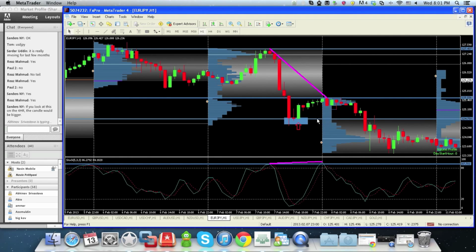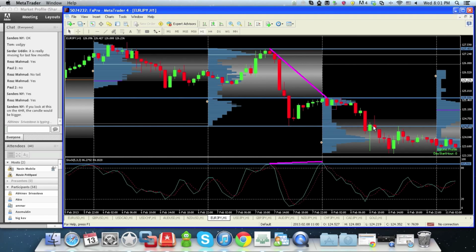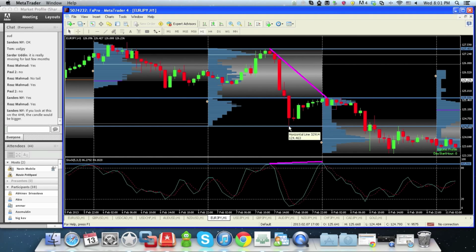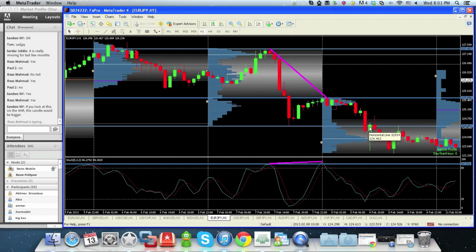Now, as it goes down, take a look at this. As it goes down, now did we breach below our recent low here? Did you go below our recent low here? Has the market gone below now? Everybody, did we breach below?